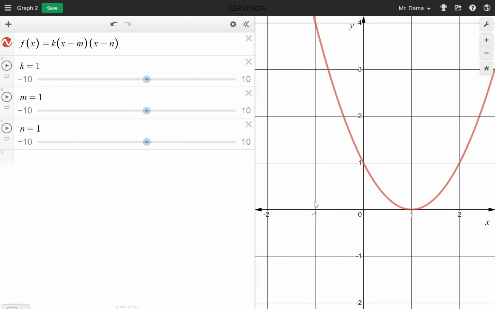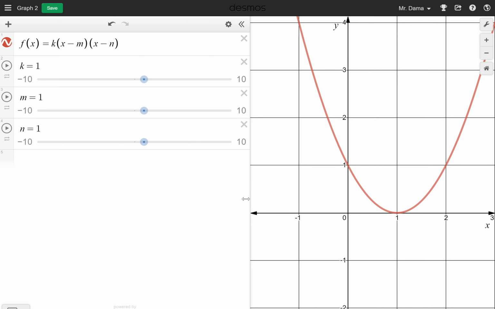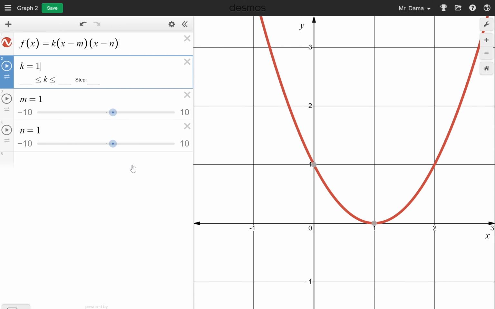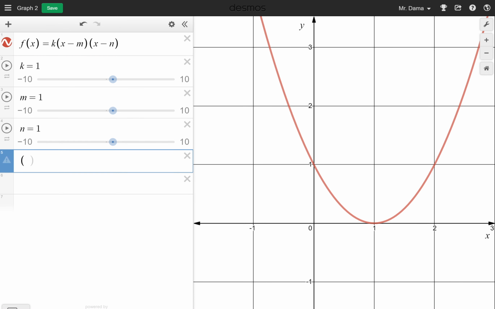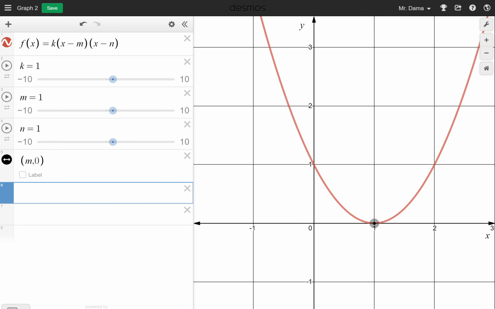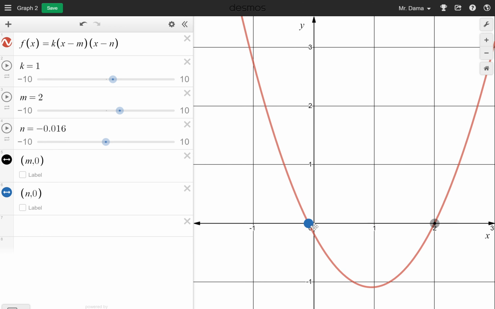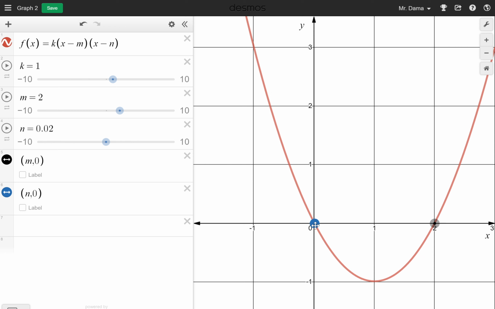Where, let me just move this closer, where m comma 0 and n comma 0 are my x-intercepts. So if I move one to here and one to here, m, 0 and n, 0, those are my x-intercepts.